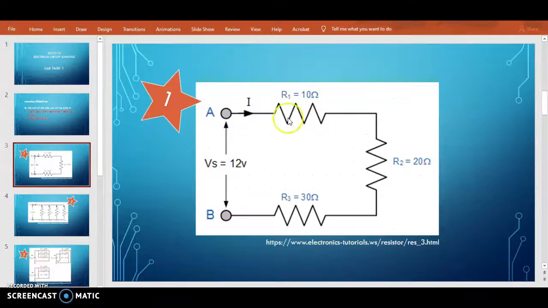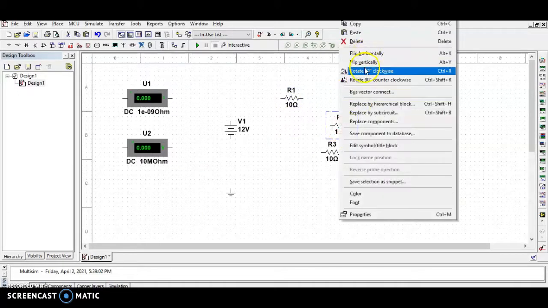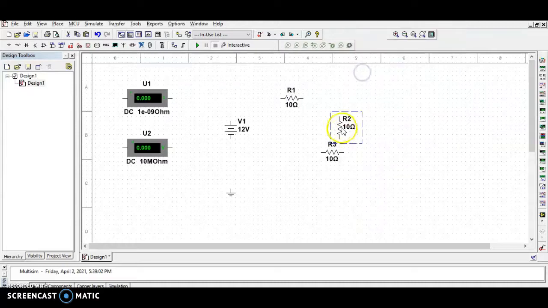So next, we connect the resistors. So first, we need the second resistor to rotate 90 degrees clockwise, and here. Okay, down here.